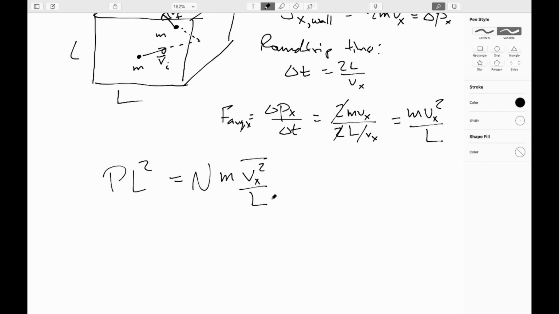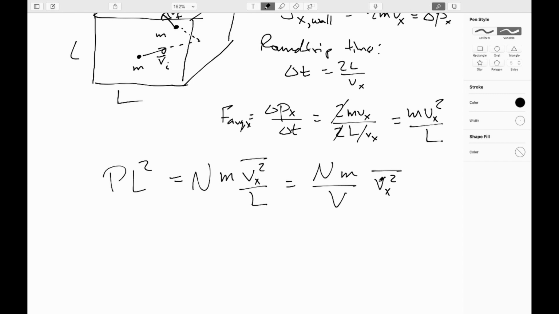So if I divide both sides through by L squared, I'm going to get an L cubed in the denominator, but L cubed is the volume of the box. So this will be the number of atoms times the mass of each particle over the volume times the average value of V sub x squared.